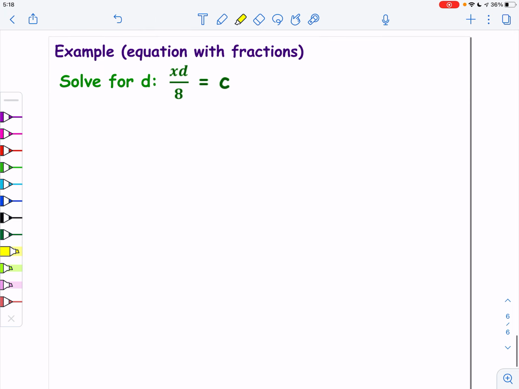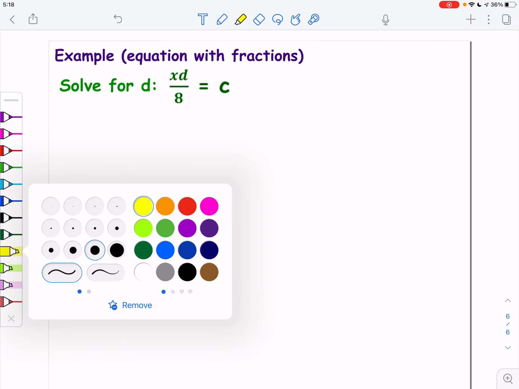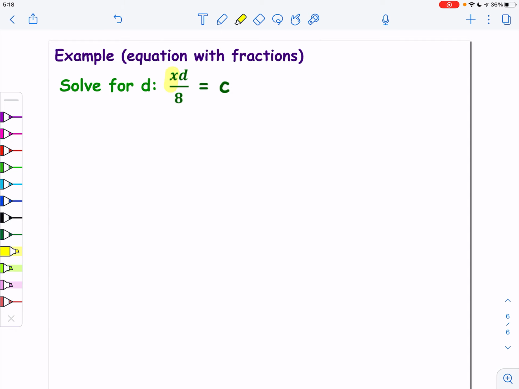Last example today. Solve for d. So you have to remove x and 8. Again, you're going to start with 8. It's further away. 8 is a denominator. It is the only one. Therefore, your LCD is 8.